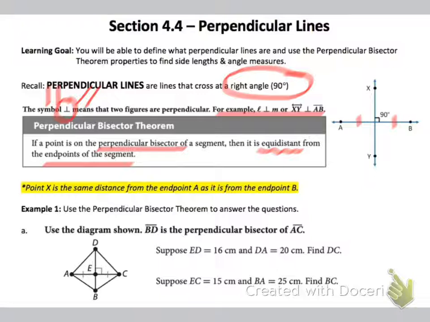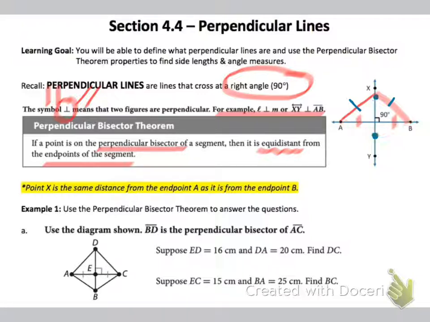Or let's say we put a point right here. That point would be the same distance from the endpoints, so these would be equal. Or if you put a point down here, like say this point right here, then these segments would be equal. So any distance from a single point on a perpendicular bisector to the endpoints of the segment it bisects would always be the same length.